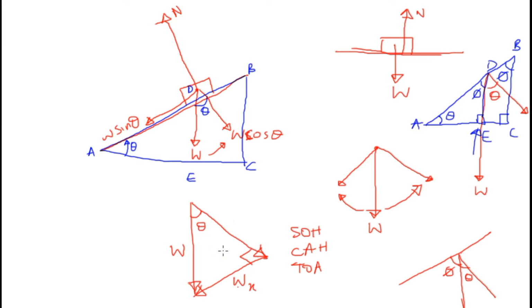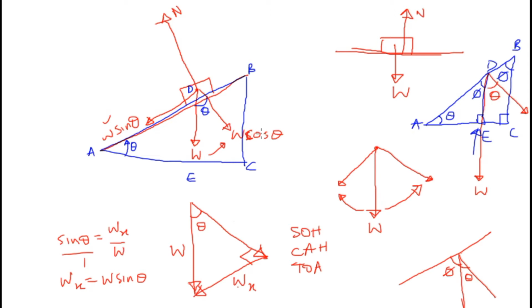The opposite side and the hypotenuse give the sine, so I can say sine of theta is equal to the opposite side, which is WX, upon W. If I cross multiply, I'll have WX equal to W sine of theta. So that's how we arrive at this.